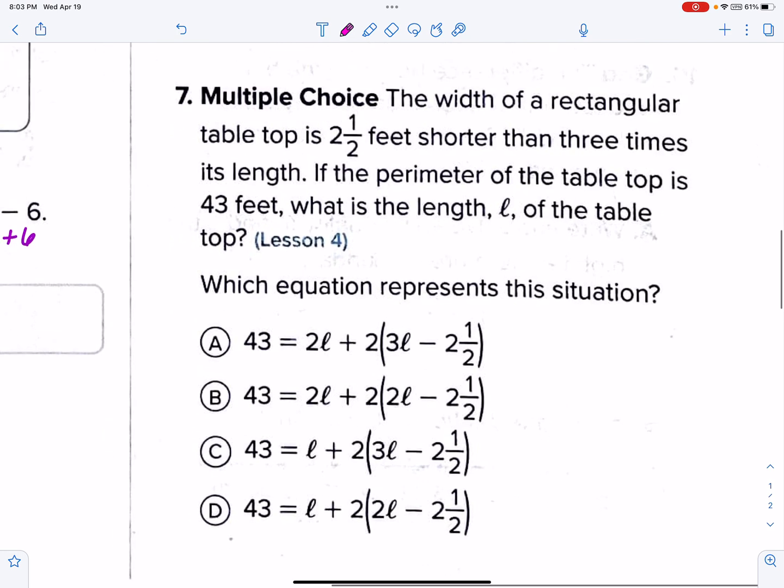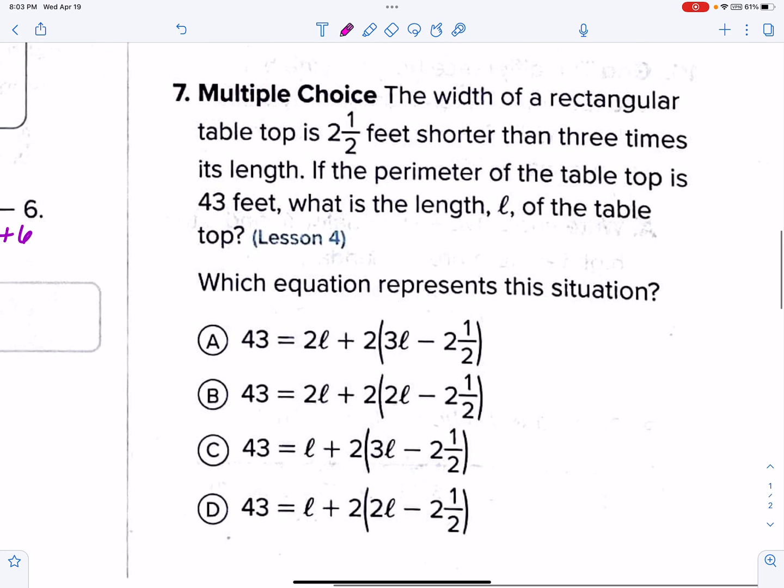Since it's multiple choice, I'm going to really analyze the multiple choices to help figure this out. The width of a rectangular tabletop is 2.5 feet shorter than 3 times its length. If the perimeter of the tabletop is 43 feet, what is the length? Okay, so all of this side is the perimeter.